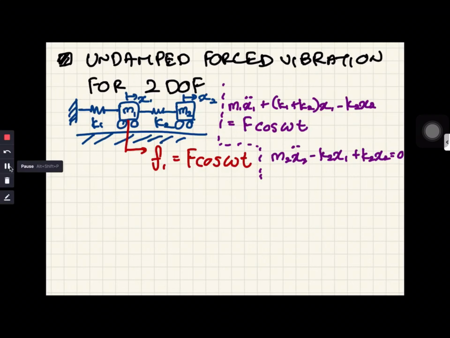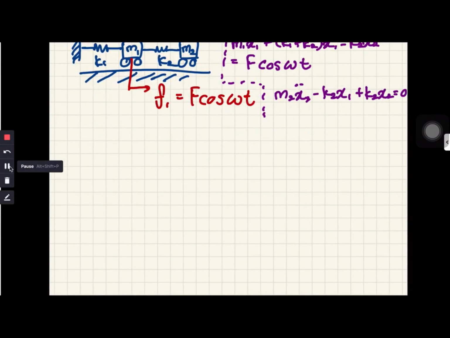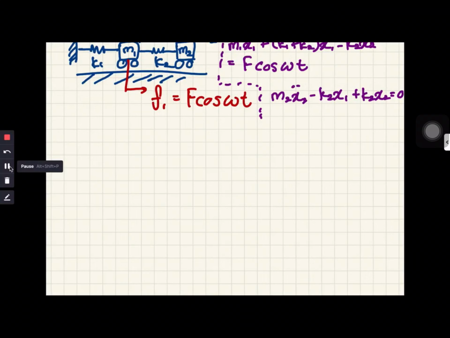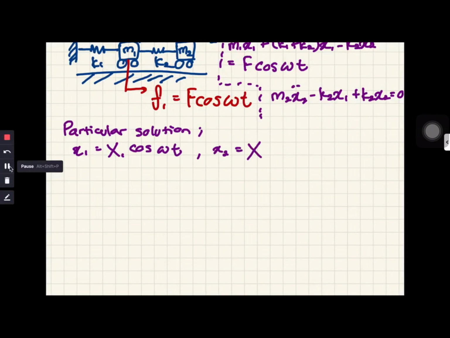So if we apply the solution for a forced function, we did the same thing with first degree of freedom, but now since we are doing second degree of freedom, the particular solution for a harmonic motion is that we'll have x1 equals capital X1 cos omega t, and x2 equals capital X2 cos omega t.